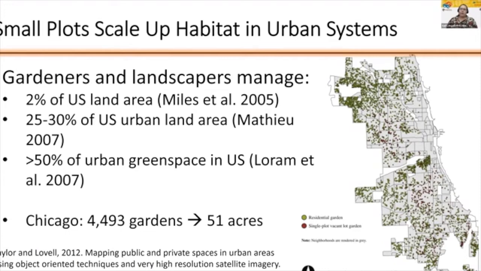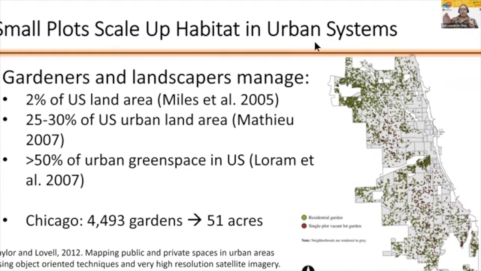So yards and gardens represent only 2% of total US land area, but it represents as much as 25 to 30% of urban land area and more than 50% of urban green space in the United States. So on this particular slide, I have a map of Chicago, and each little green dot is a residential garden, and each little red dot is a community garden.